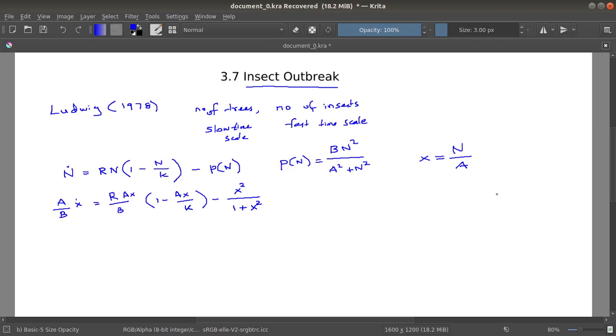So now I'm going to assume t, the time, which is equal to tau by capital T. Okay, so if I do that, what will I get is the following.